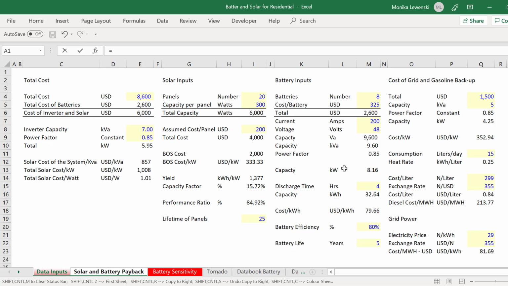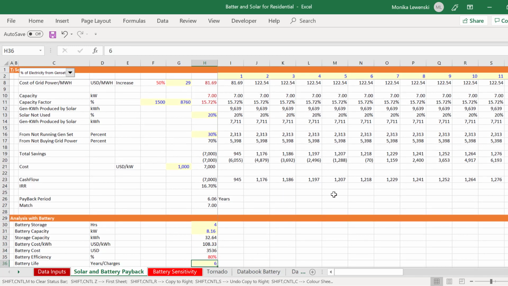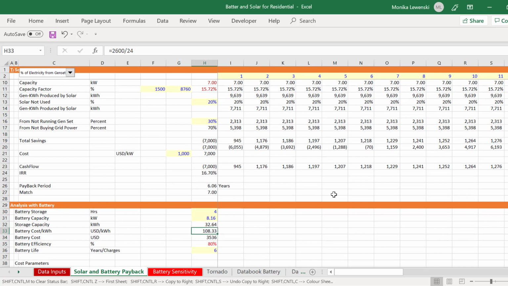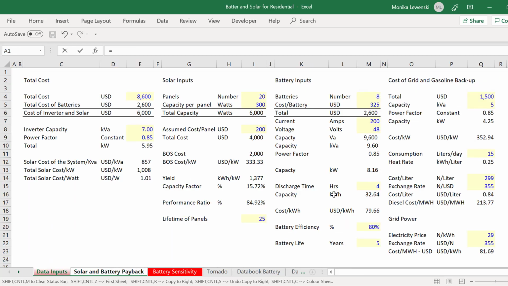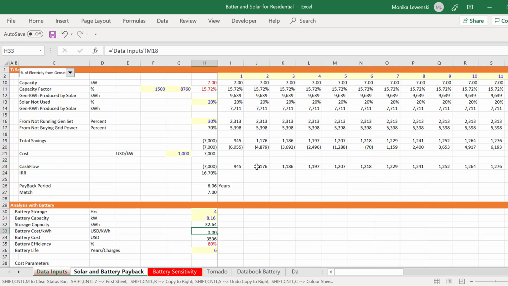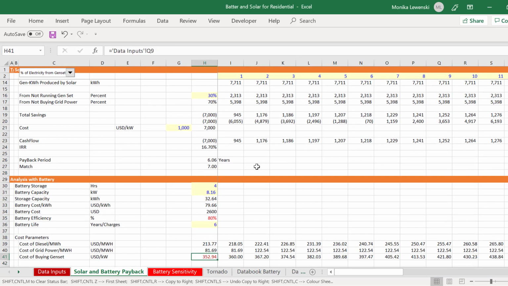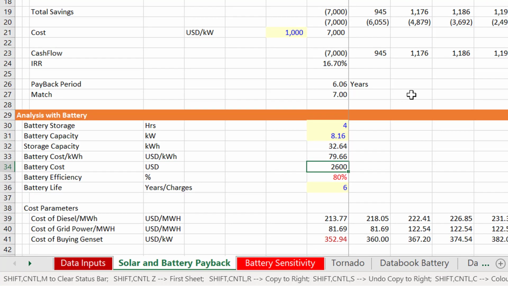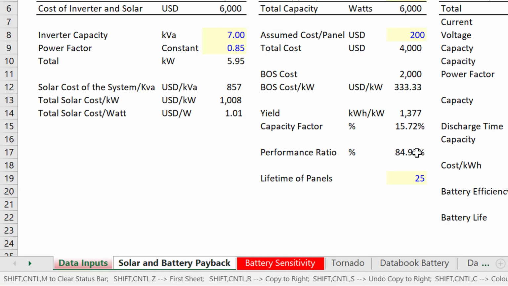This is how much energy you can store, and then we have the battery cost, which is the cost per kilowatt hour, which looks really low, but remember this is a lead-acid battery. It's not the one everybody wants to put in. And then this is the total battery cost, and then the battery efficiency. Again, it looks like I already took this from the data inputs.